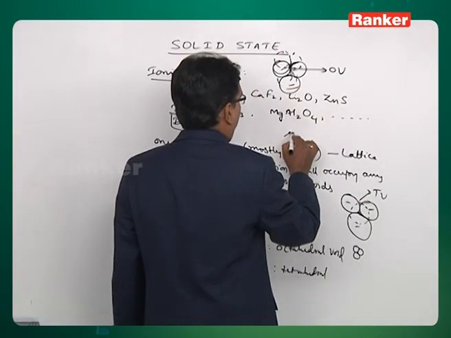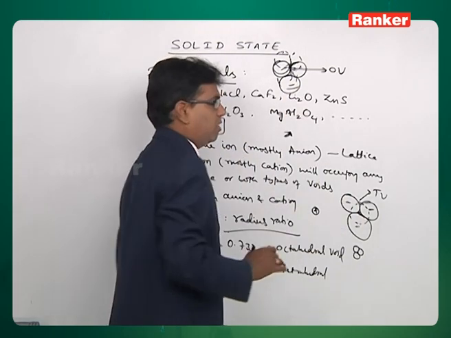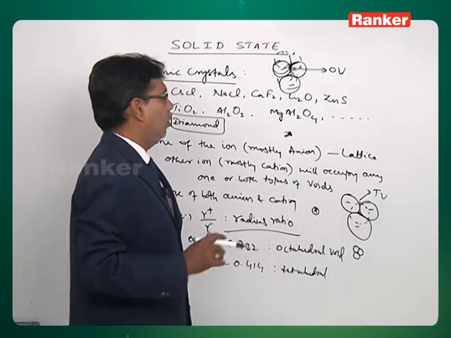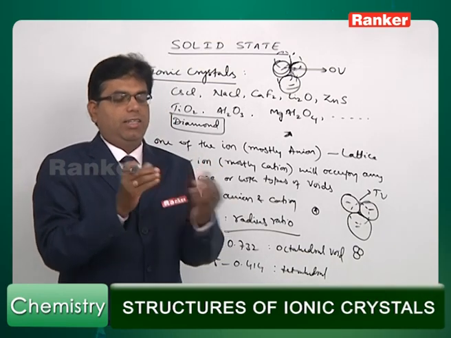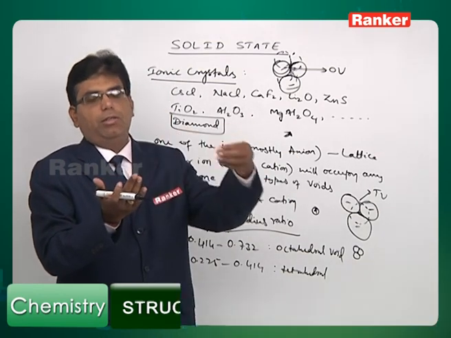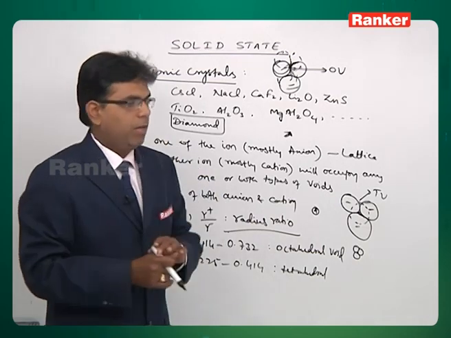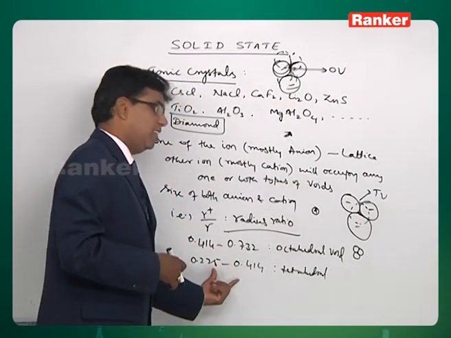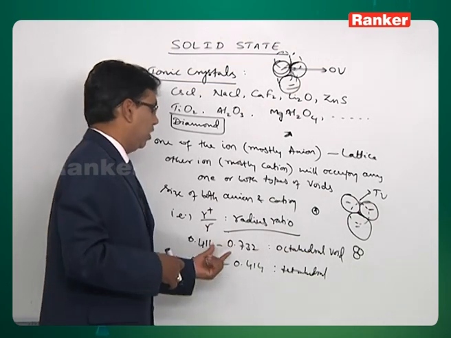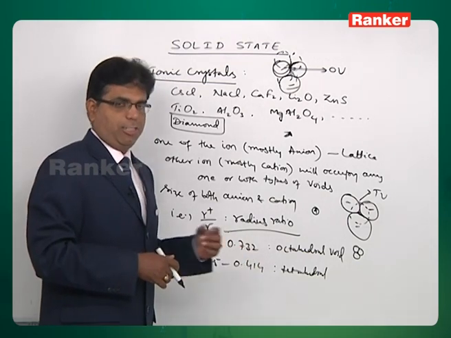The size of an octahedral void obviously will be more than the size of a tetrahedral void. So, depending on the size available in the void, the ion to occupy it should have that particular size. Now, how do we determine these radius ratio rules, and how these ranges are given, we will look at in the slideshow.